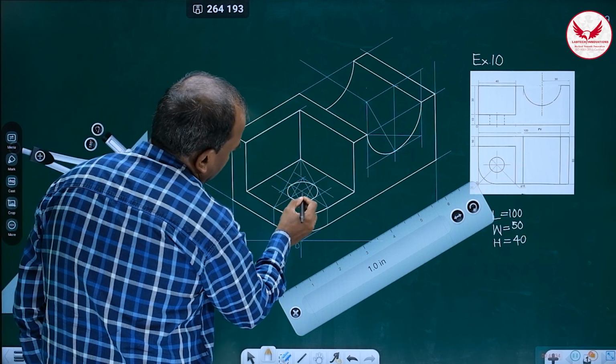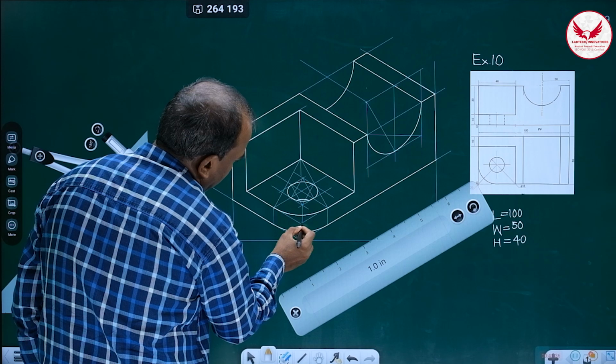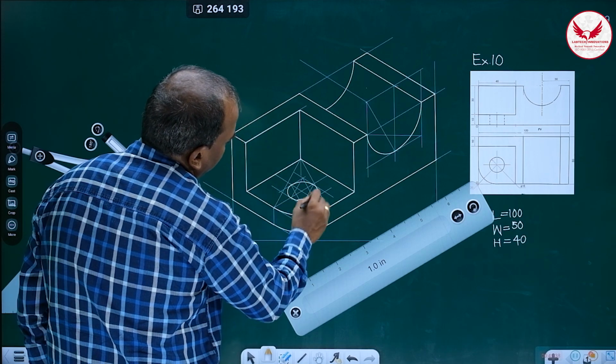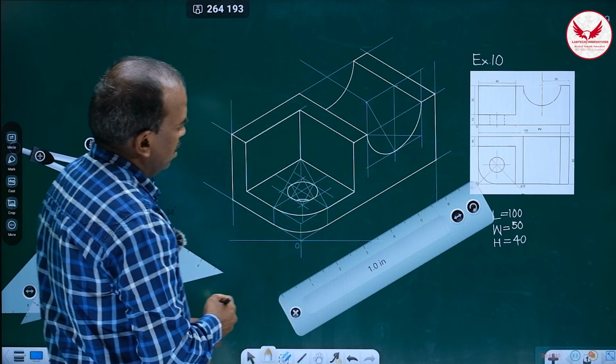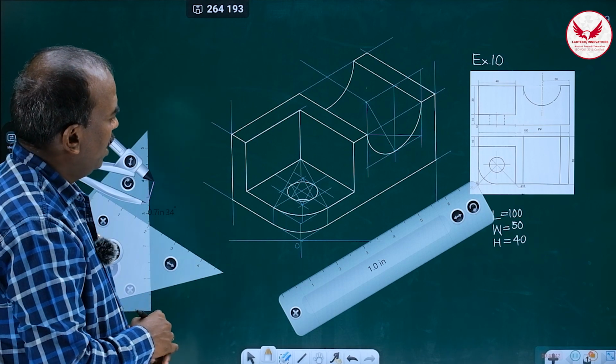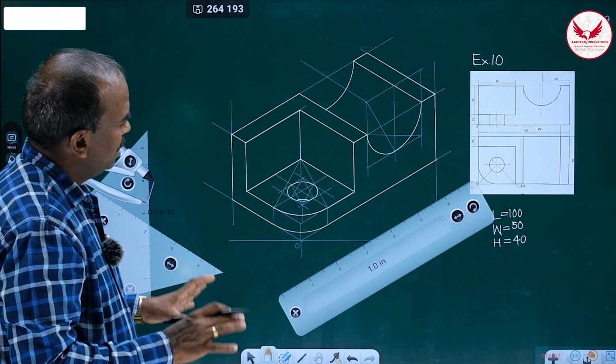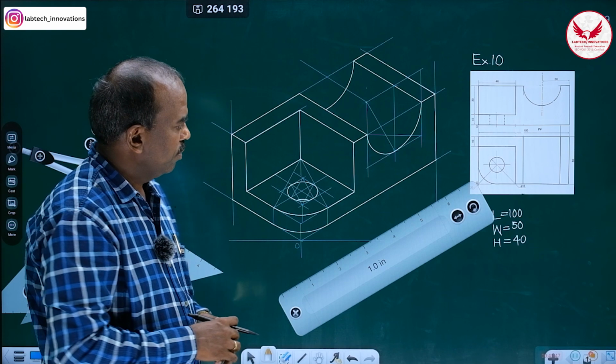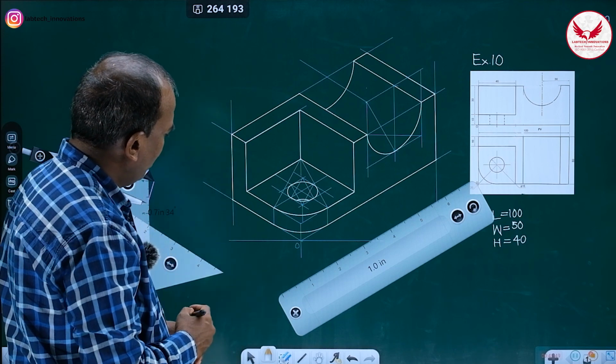Means this thickness will be 10 because we have shifted this center by 10, because of that, that lower curve will also be visible. So this is the solution of this given object. And then finally origin we have marked.